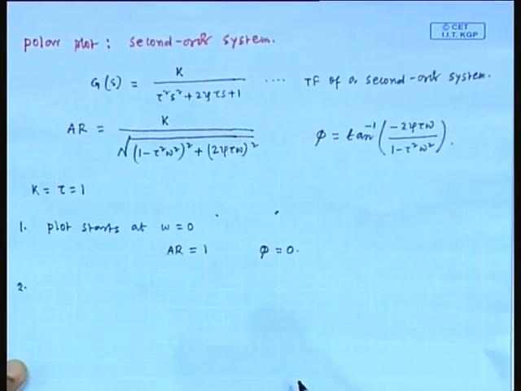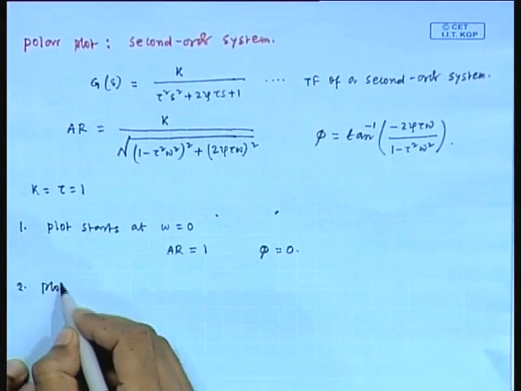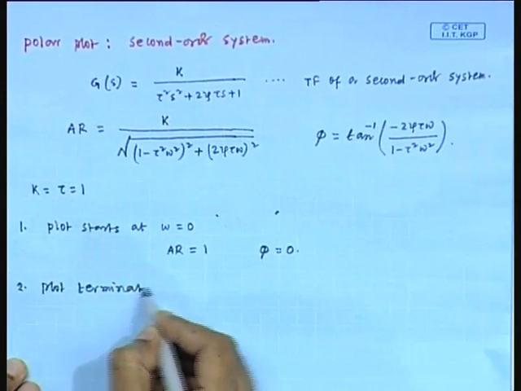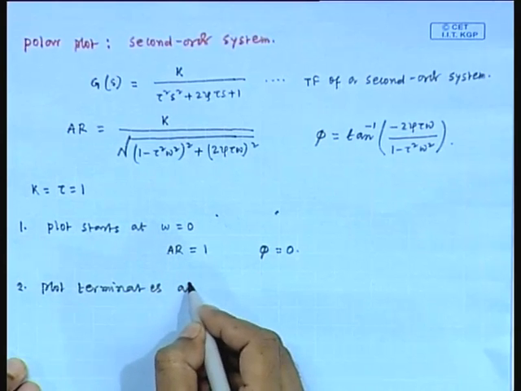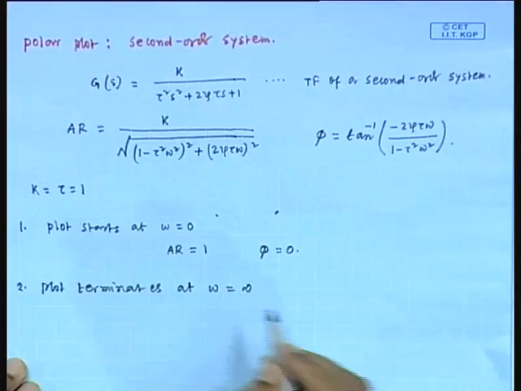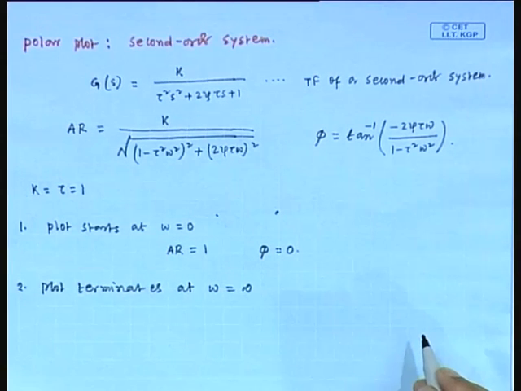Secondly, we will try to find the end point. This polar plot terminates at omega equal to infinity.